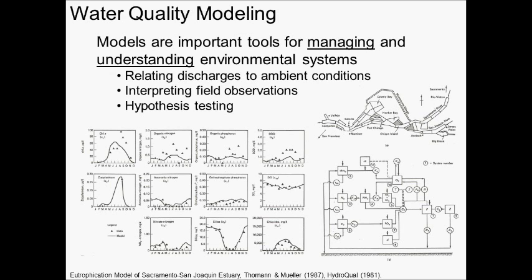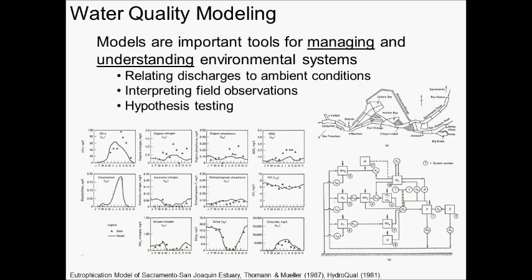They can be used in the traditional manner in environmental engineering to relate discharges to ambient conditions. And so you need that information to design and place a wastewater treatment plant. They also can be used for interpreting field observations and hypothesis testing.